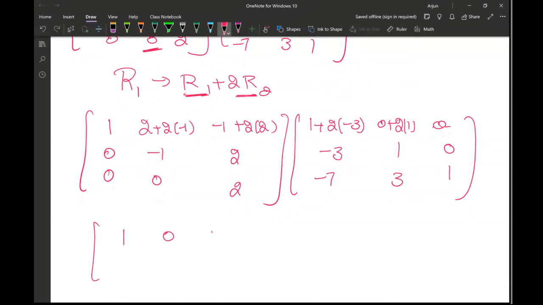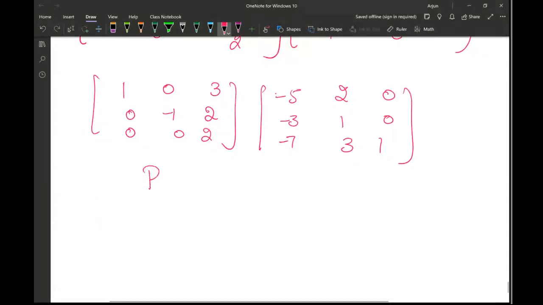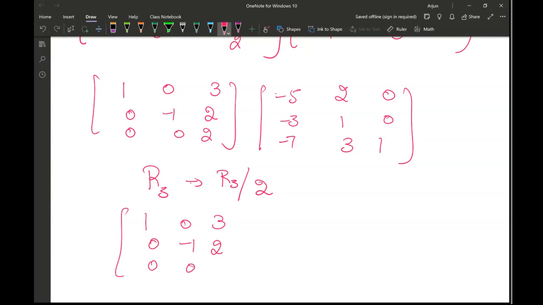And then this is 1 0 3, 0 minus 1 2, 0 0 2, minus 5 2 0, minus 3 1 0, minus 7 3 1, and R3 divided by 2, this value will be 1 0 3, 0 minus 1 2, 0 0 1, and what I'm trying to do is make this one as 1 here.